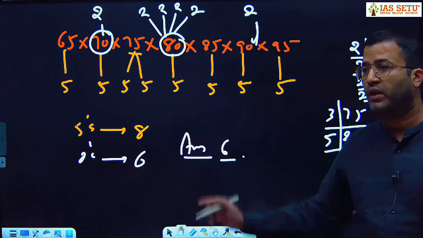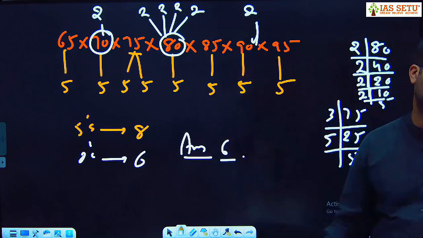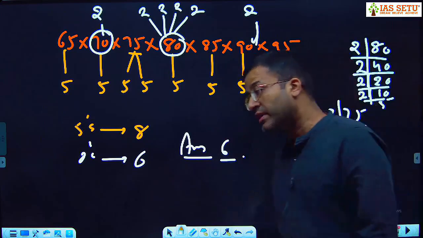This is type 1. We have to see 5s, we have to see 2s. Now next is important. Type 2 is important.